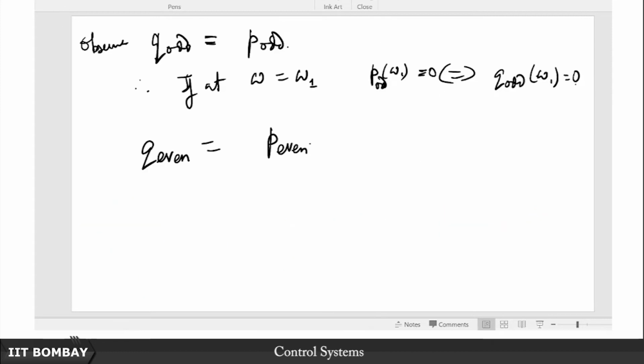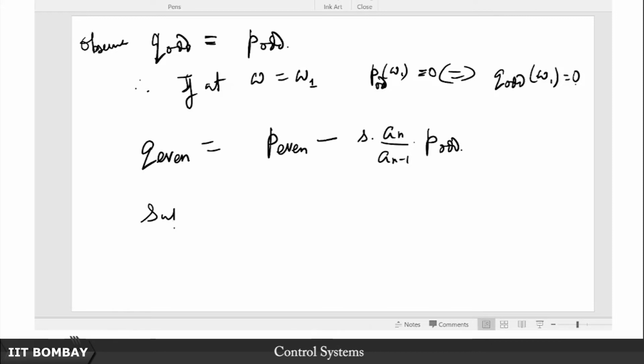We have said that P even minus s times an upon an minus 1 times P odd.